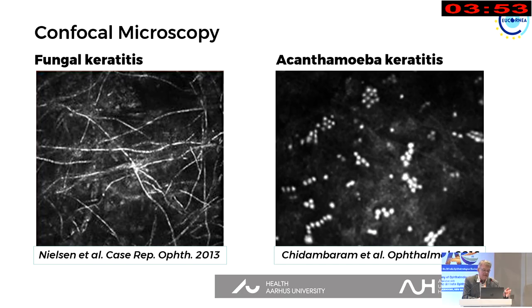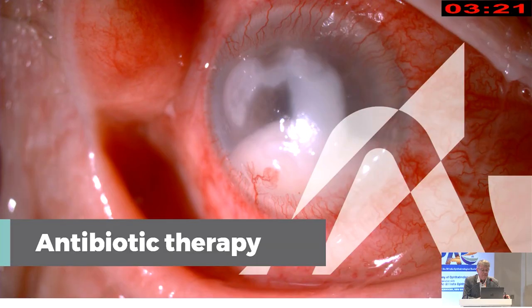In fungal keratitis, you can see hyphae. Actually, that's typically what we use. We use it also in acanthamoeba keratitis, but it's more difficult, and those using the microscope should have quite some experience. As acanthamoeba keratitis is a very rare disease, even in big university clinics in Denmark we never get this expertise, but we use it and try.